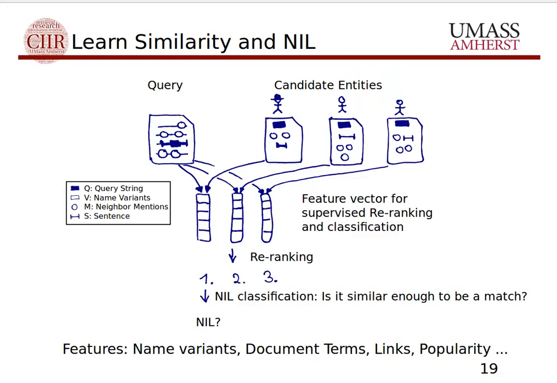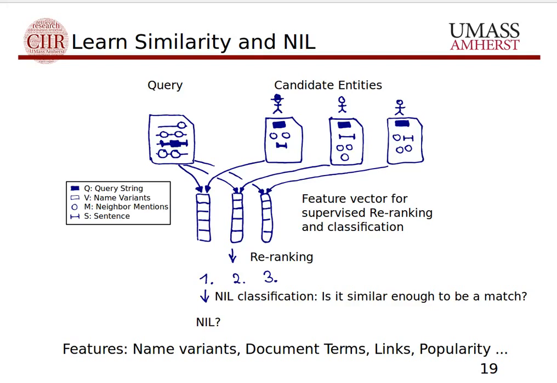Once we've built feature vectors for the query and each of the candidate entities, we can then apply machine learning. We train the machine learning by having known queries with known candidate entities, with known true entities, and we then learn feature weights to maximize situations where the true entity ends up on rank 1.